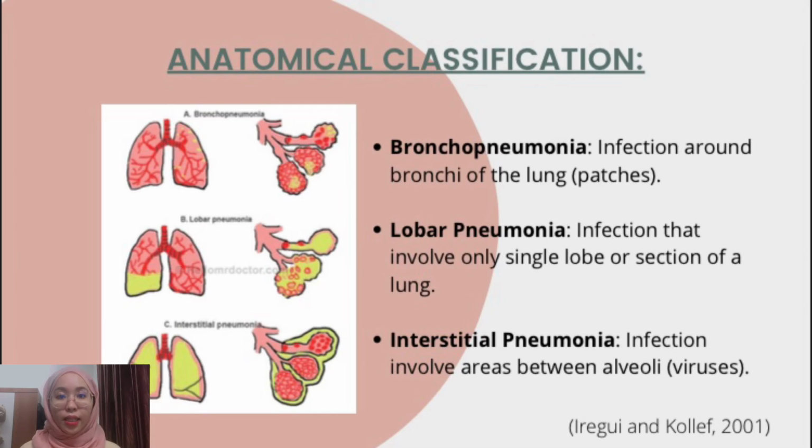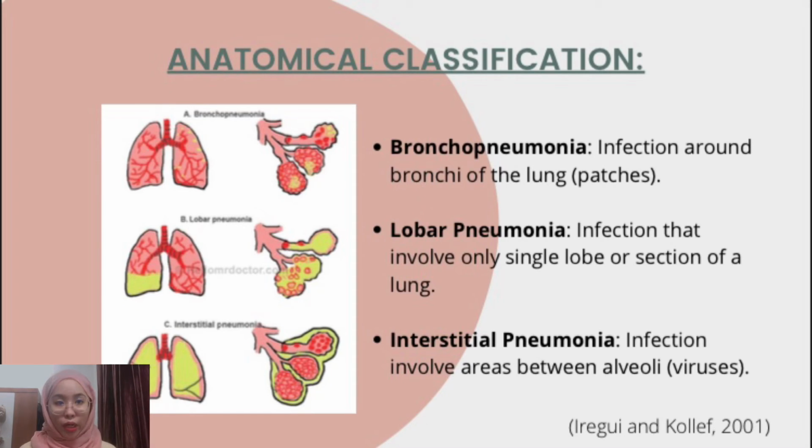Okay, for the next slide, let's take a look at the anatomical classification of pneumonia. There are three anatomical classifications of pneumonia: bronchopneumonia, lobar pneumonia, and interstitial pneumonia. For the first one, bronchopneumonia, the infection happens around the bronchi area of the lung in patches.